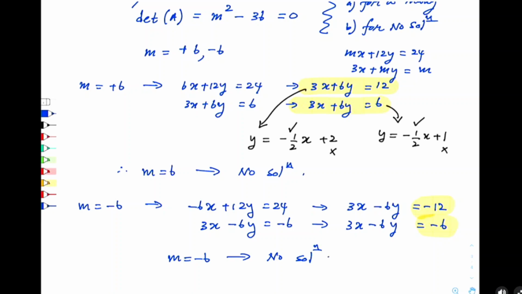Right? Is it possible we get two no solution conditions? What do you think? Answer these questions. You need to become the pro, right? Is it possible to have two m values where you get two no solution conditions?